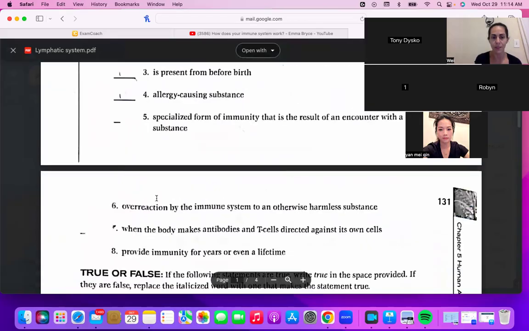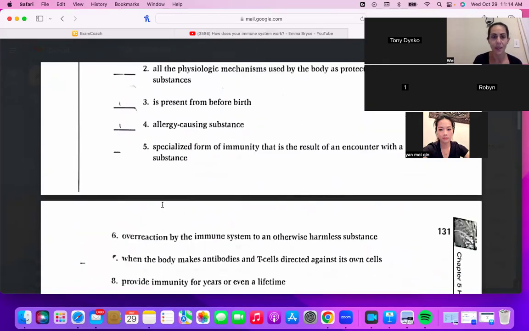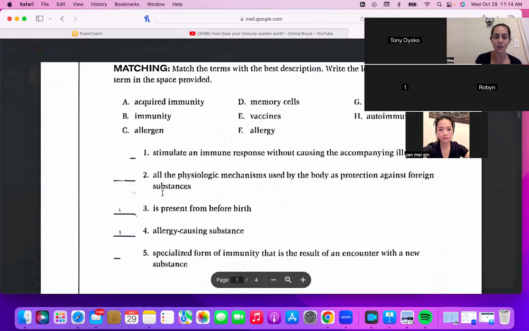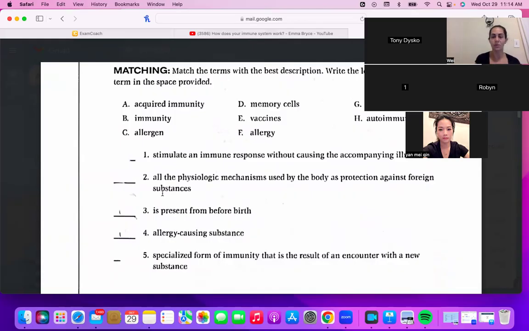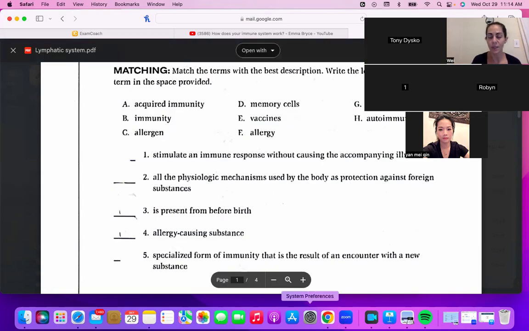We have 5, 6, 7, 8. Do you want to do them together, or take a moment to put them together? Let's do them ourselves for a moment. Good. Let me stop the recording right here, and then I'll give you time to do both pages. One moment, please.